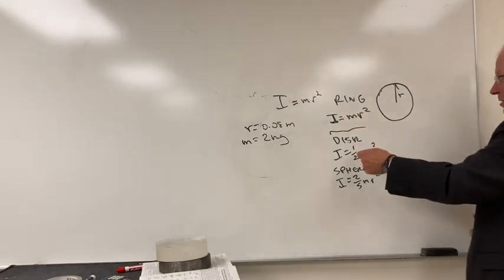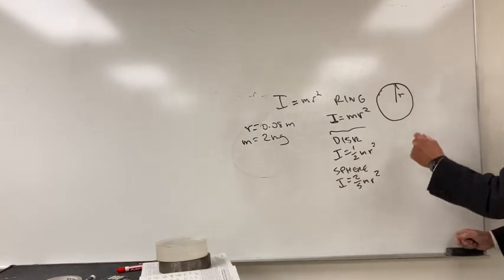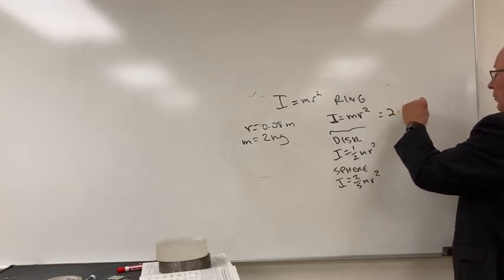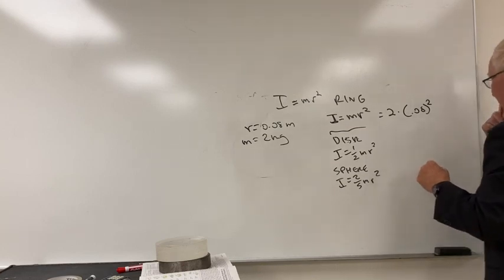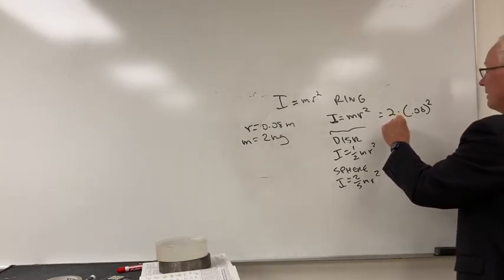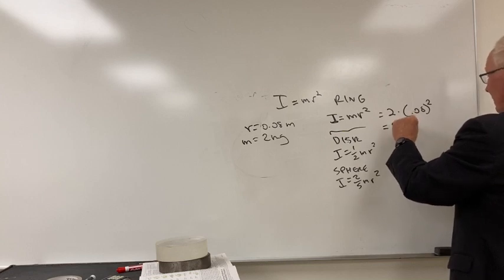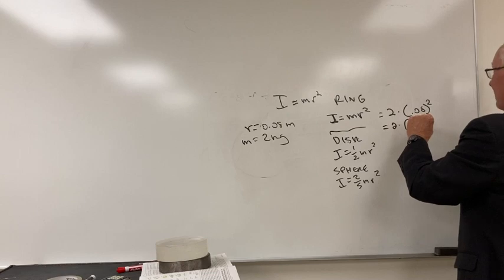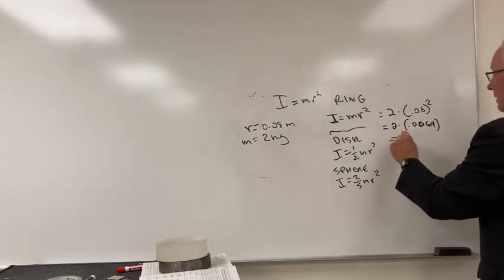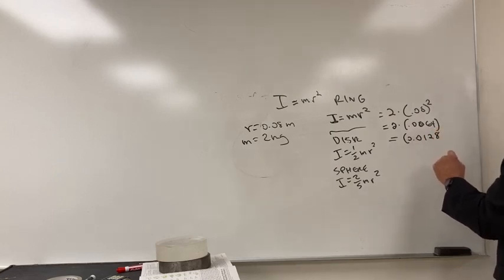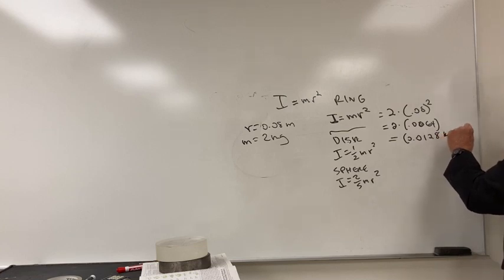So if we compare these, because they all have the same radius, for the ring that would be 2 times 0.08 squared, which would be 2 times 0.0064, that would be 0.0128 kilograms meters squared.